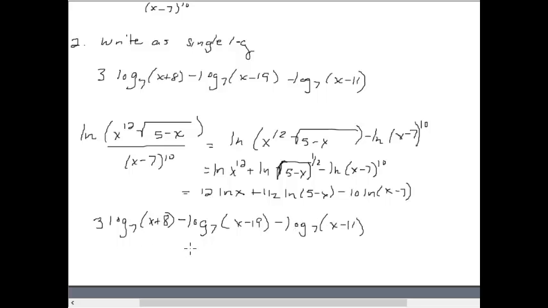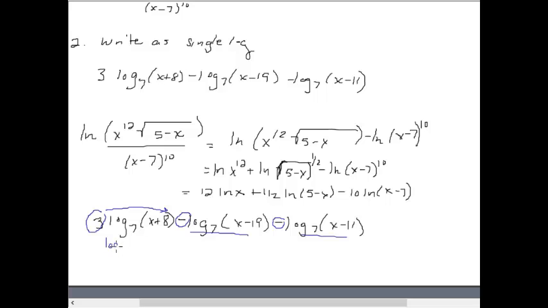Okay, so what do we have here? Since we have two subtractions, right? So I have this minus and this minus. Both this log and this log are being subtracted from the first one, which means that these two expressions will be in the denominator. Alright, before we get to that, let's go ahead and take the 3 up as an exponent.